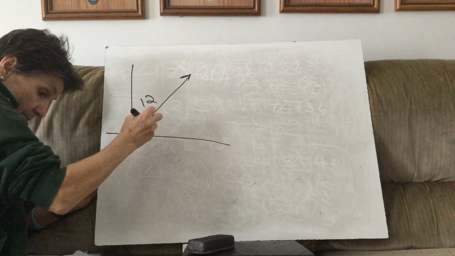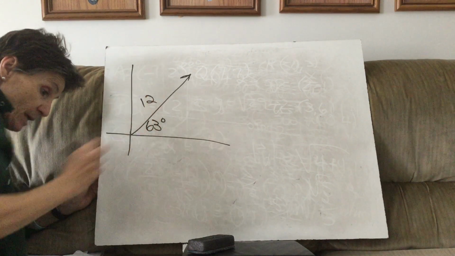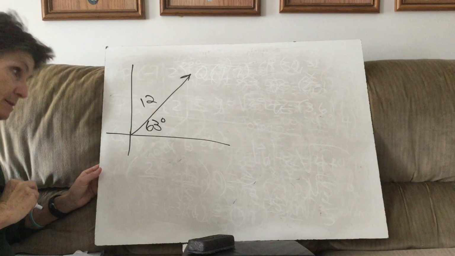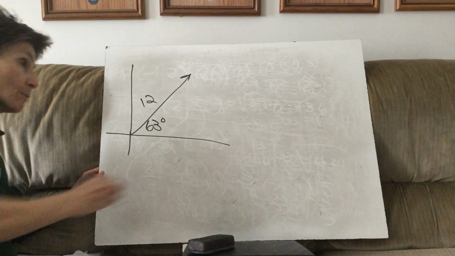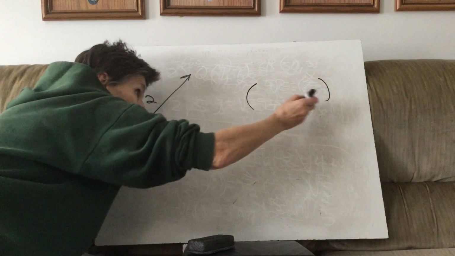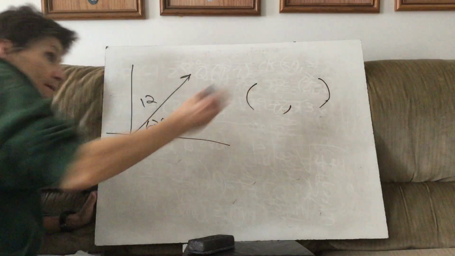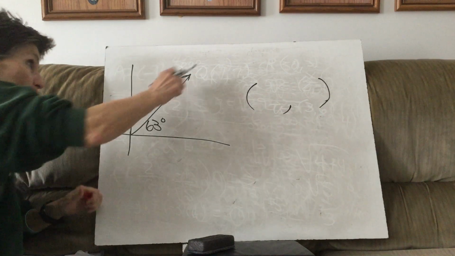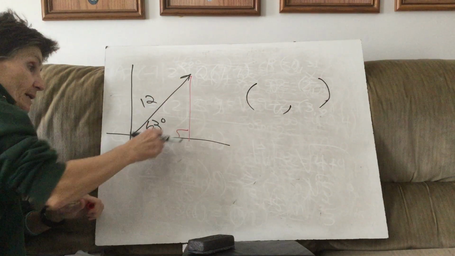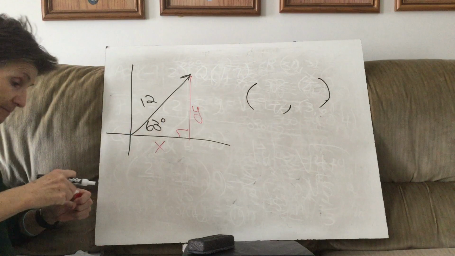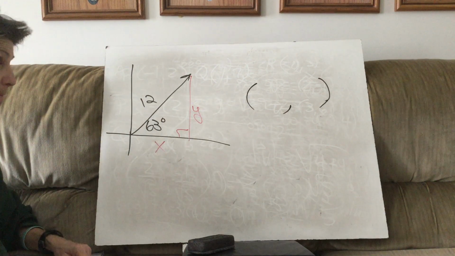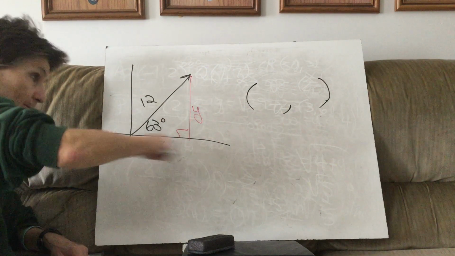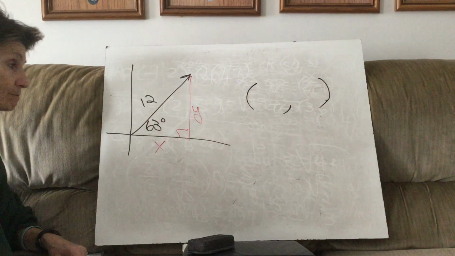This is 12, and this is 63, and we want the components. Now remember, the components are simply x comma y. That's what you're looking for. So you're going to drop your perpendicular. Here's x, here's y. X is always horizontal, y is always vertical.